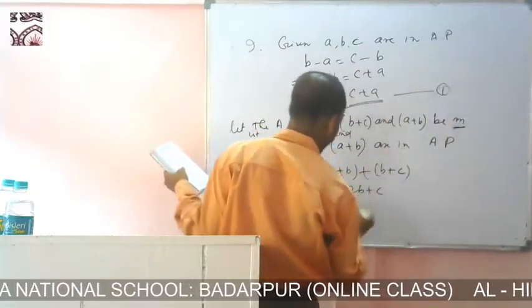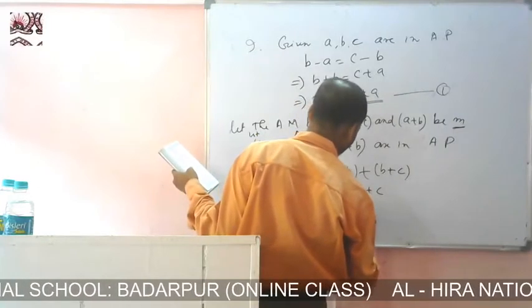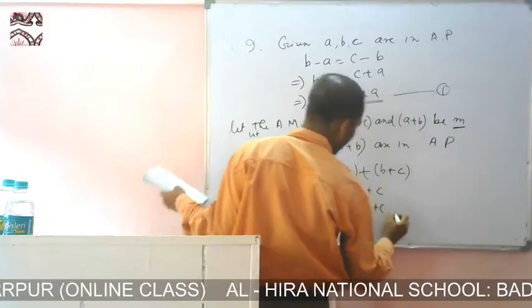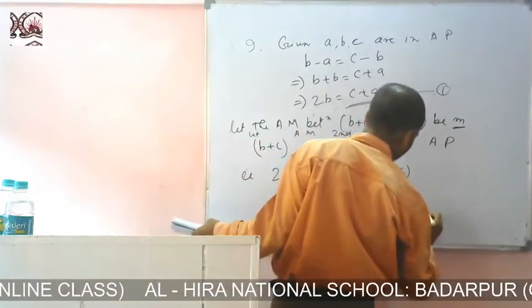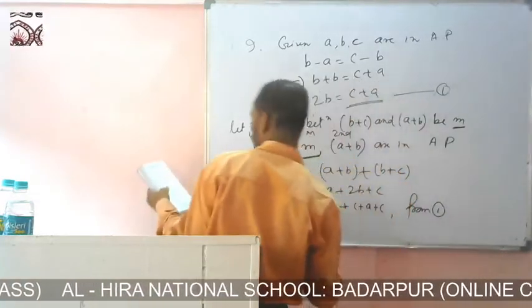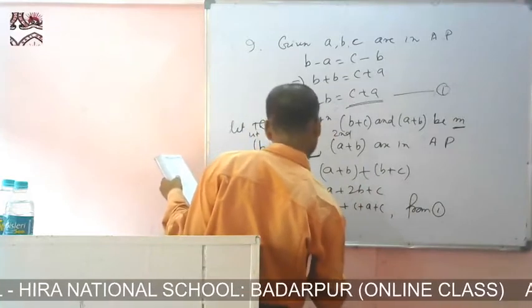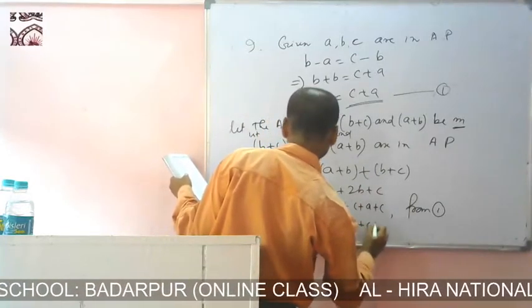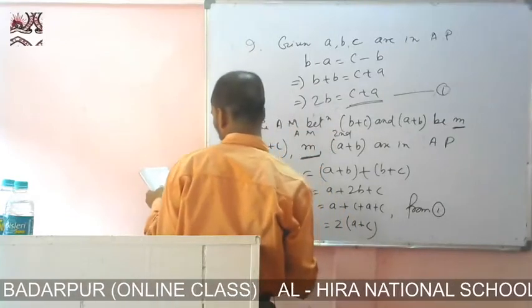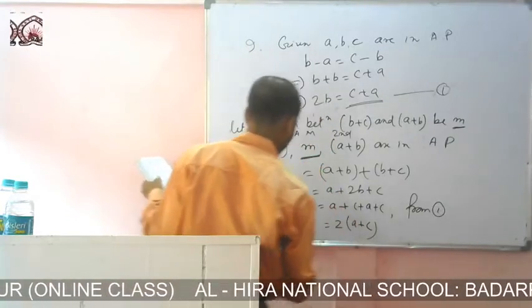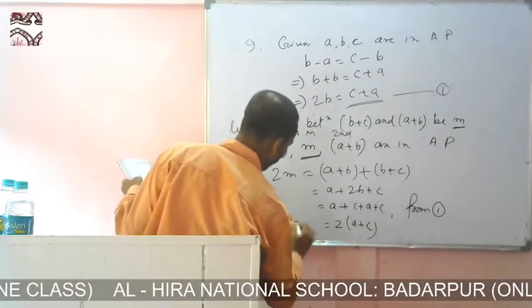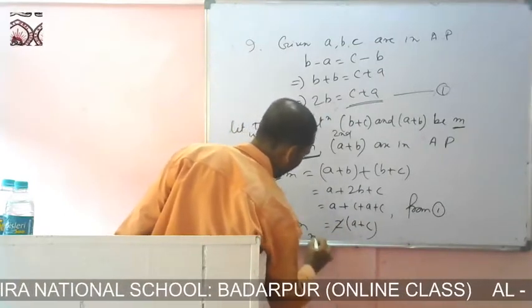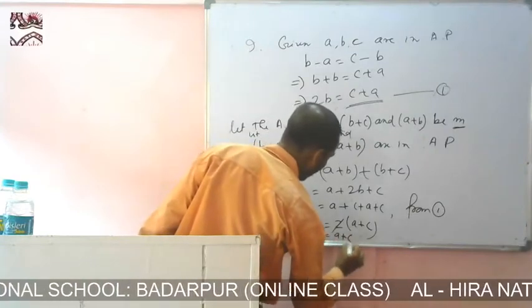From equation 1, C plus A, plus C. So this will be 2 into A plus C. Then the 2 cancel, therefore M is equal to A plus C.